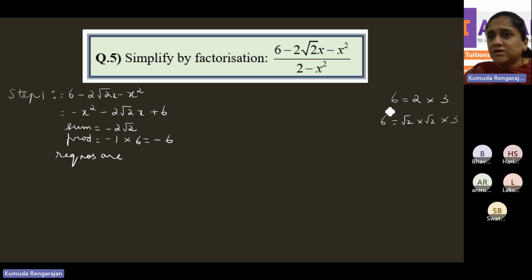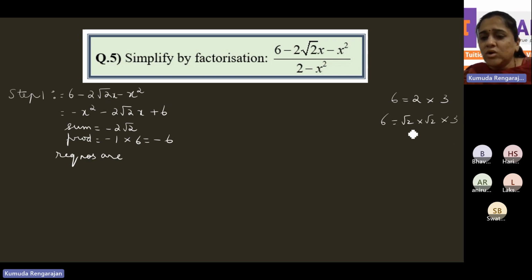Take the product 6. 6 is 2 into 3, but the sum has root 2 in it. So further break down 2 as root 2 into root 2, and 3. Now what are the two numbers? Both the numbers must have root 2 in it, like 5 root 2, 4 root 2. Only then they can be like surds.